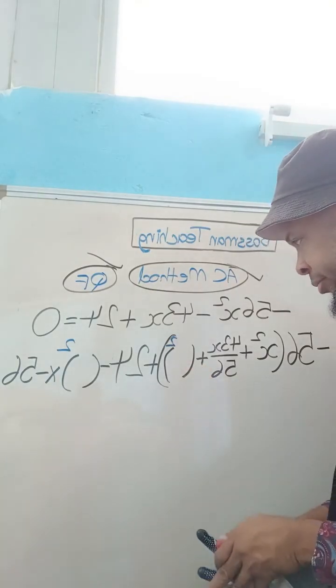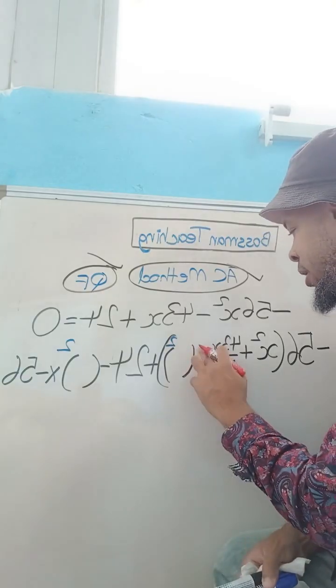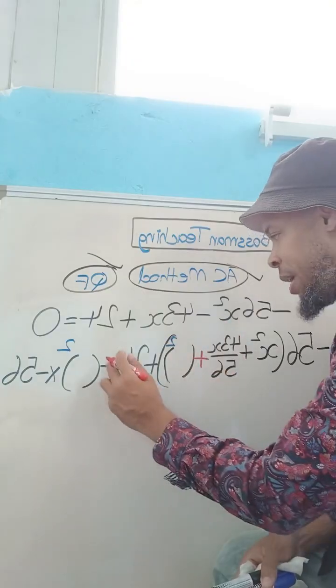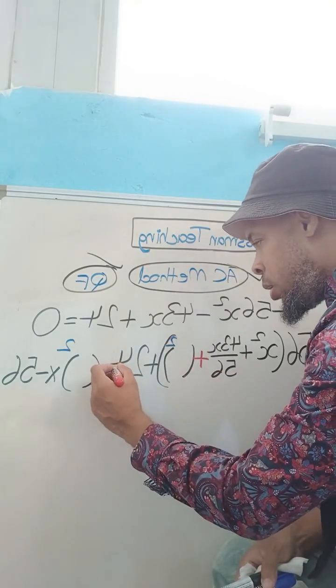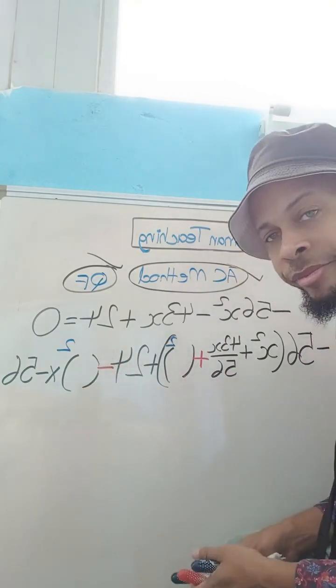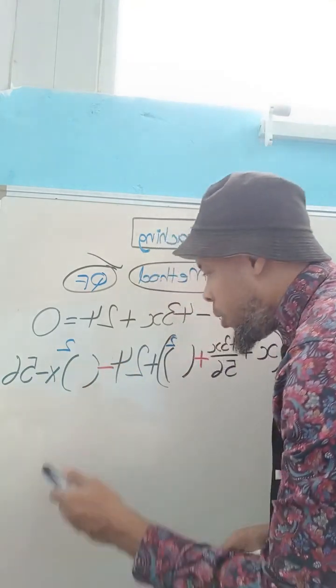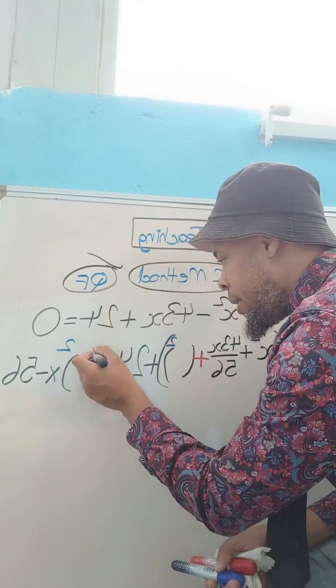Let me put it in red. Maybe it would make more sense. So here it will go. If we have a plus, we have a minus. But if we color code it, it will make more sense.